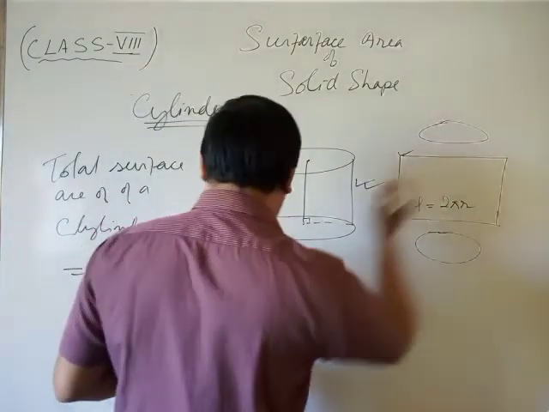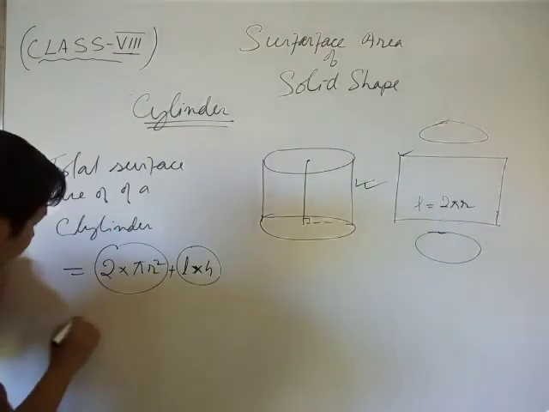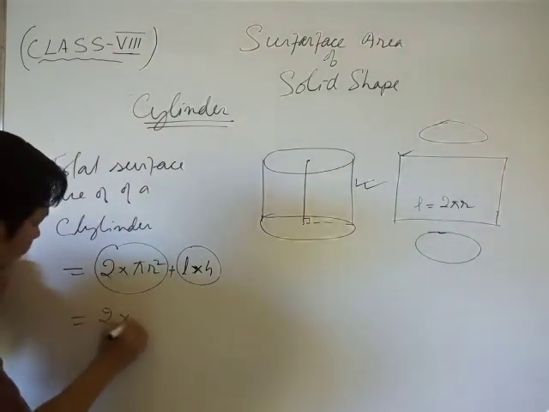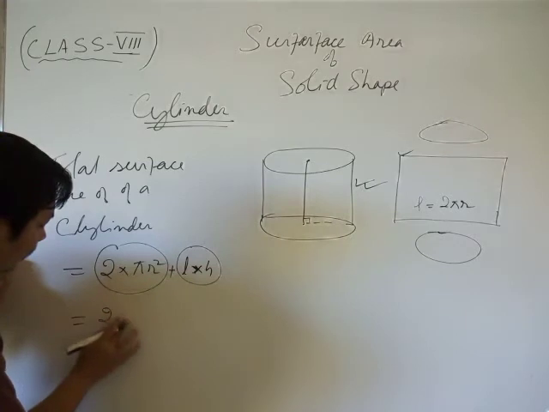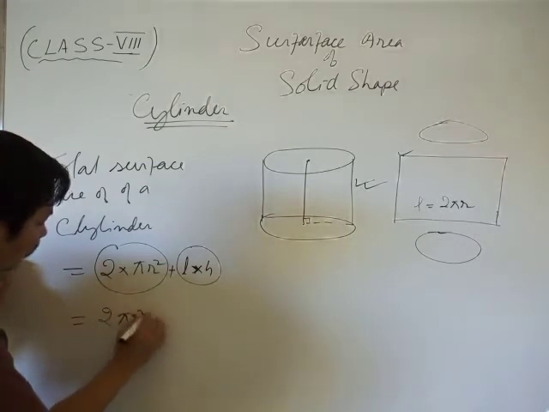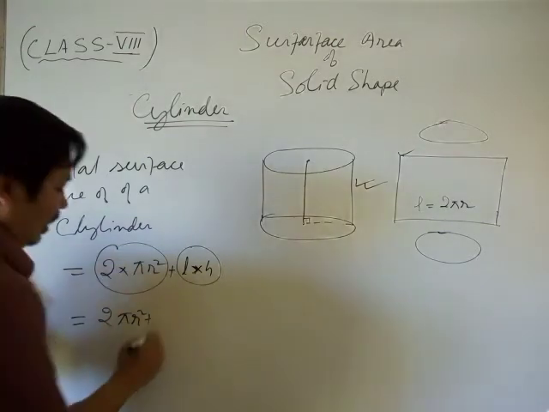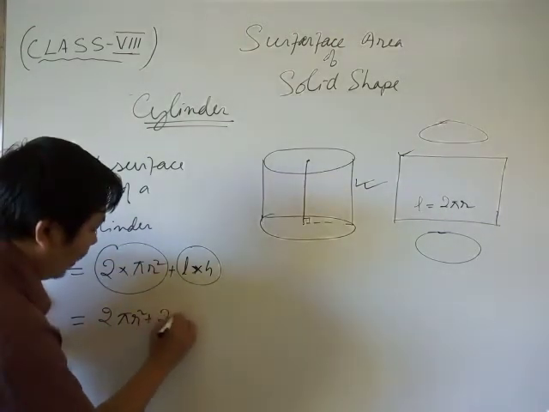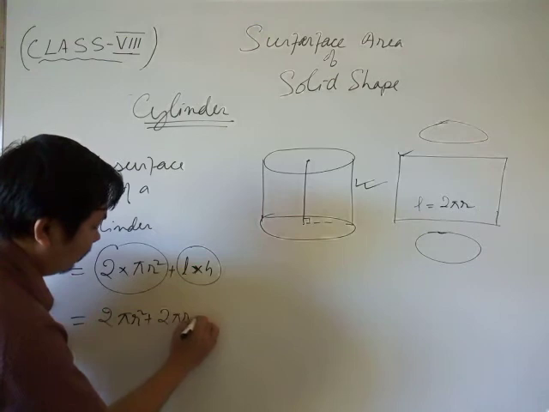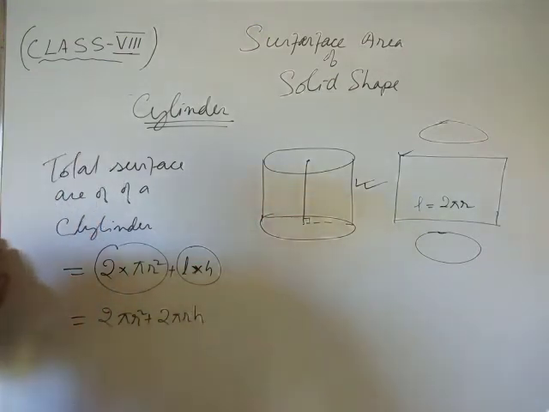And this is the height. So what happens? It is 2 pi r square plus 2 pi r h.